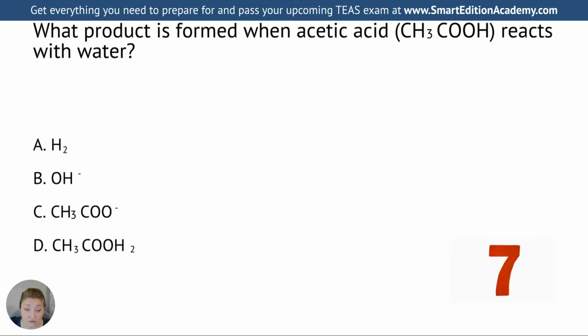We have H2, OH, CH3COO, or CH3COOH2. Okay, so which product is formed when it reacts with water? Well, we know it's not OH because OH is when bases react with water. They release OH. We can go ahead and take that off. We know it's not D because that would have gained a hydrogen.